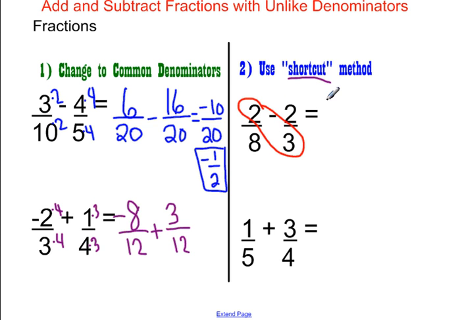First, I'm going to do 2 times 3, which gives me 6. Then I'm going to do 2 times 8, which gives me 16. I'm going to put a subtraction sign in the middle because there was a subtraction sign. And for the denominator, I'm going to multiply 8 times 3, which is 24.